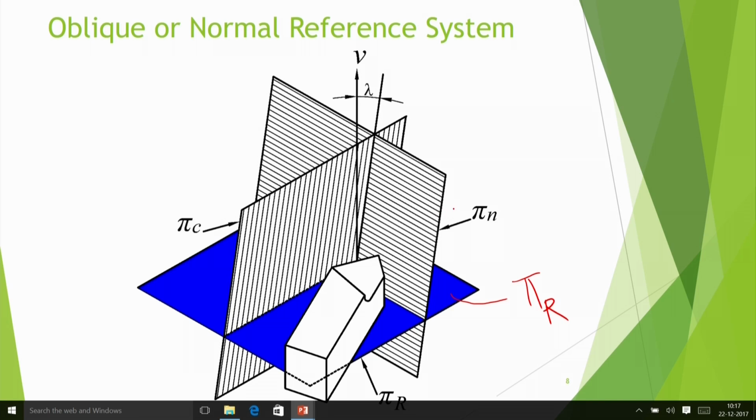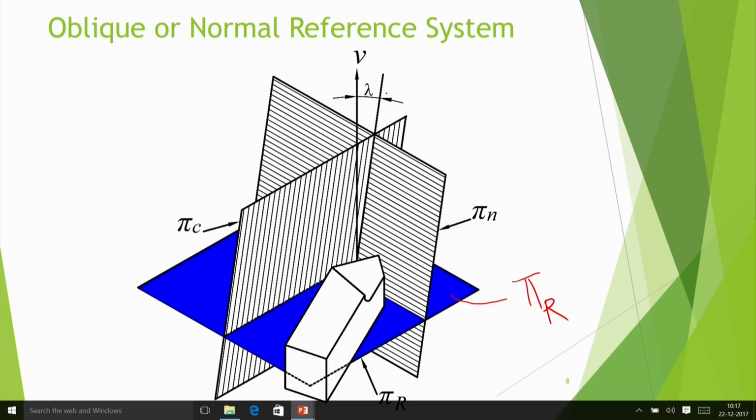So in that case you are getting pi n, and the intersection of pi c and pi n will give you a line, and this line is making lambda angle from the velocity vector, because these two are not orthogonal, so it will not coincide with the velocity direction. So this is lambda.